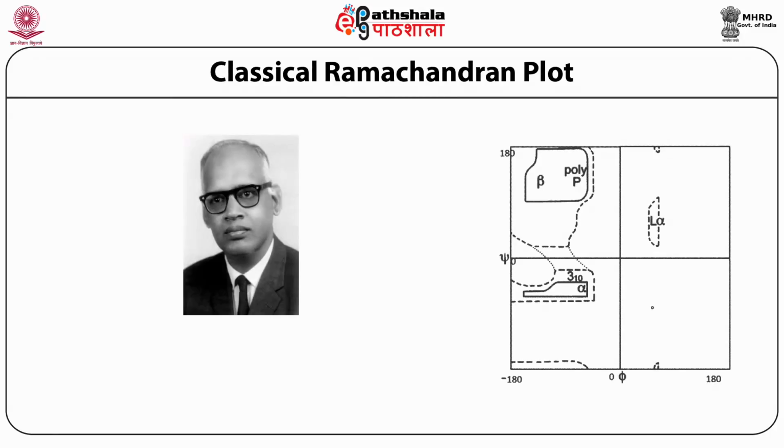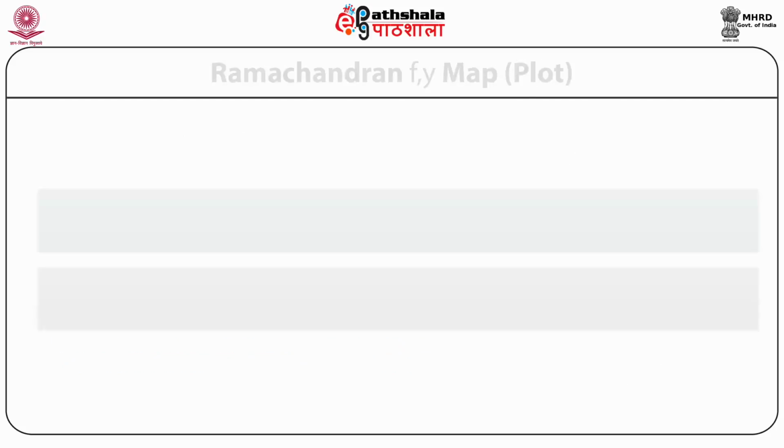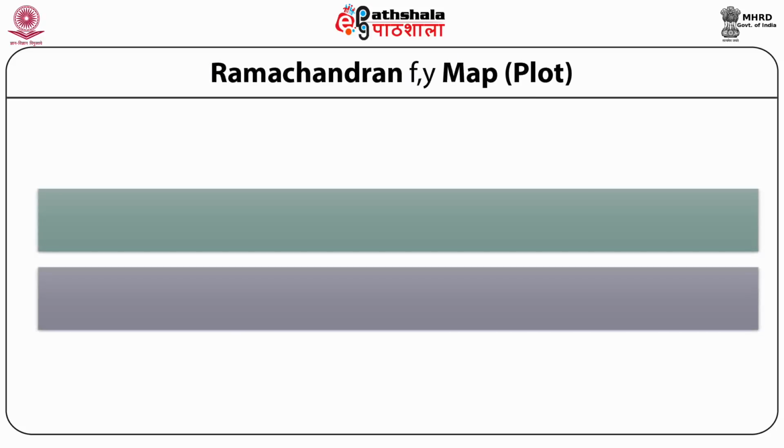We show in this picture the classical Ramachandran plot. The sterically allowed combinations of phi psi are plotted on a two-dimensional Ramachandran phi psi map or plot, as it is alternatively called.